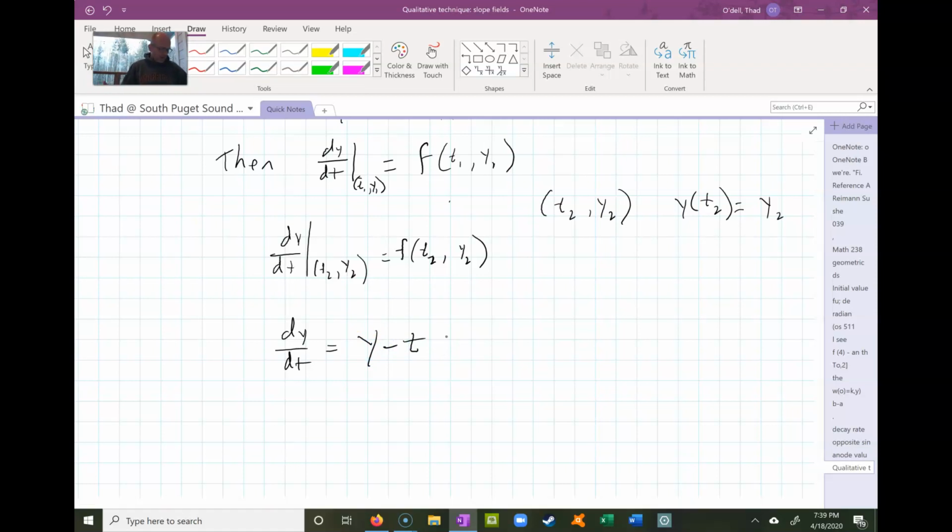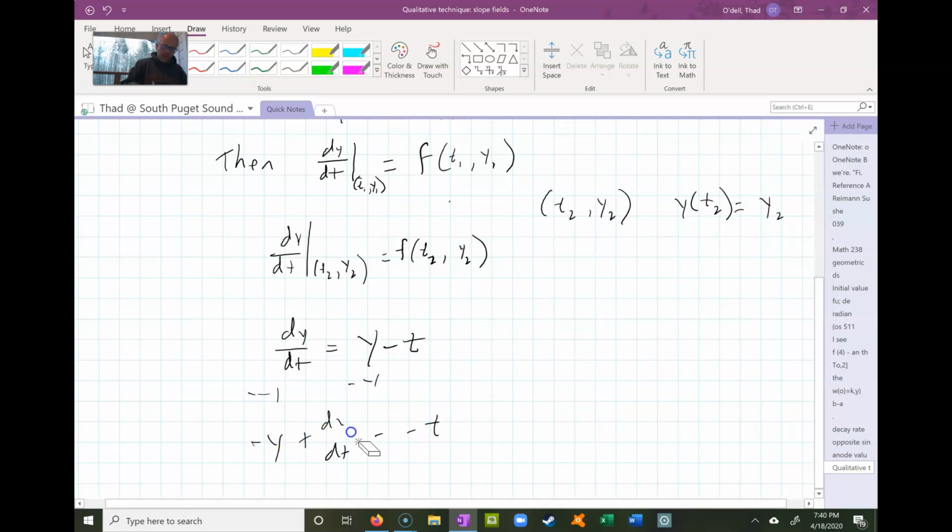Now notice this one is not separable. In other words, it would be impossible for me to get y and t by itself, with y on one side multiplied by dy and dt on the other side, because if I subtract y from both sides, then I get negative y plus dy/dt, and if I multiply by dt to get it on the other side, the y is going to show up over here.